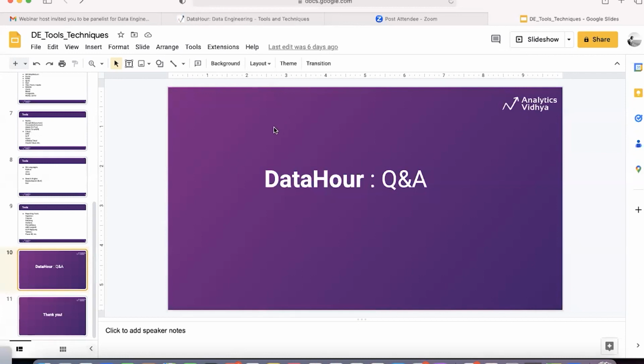Next, could you please tell us something about Apache NiFi and Airflow? I think we already talked about Airflow here. Apache NiFi is quite similar to this, where it is talking about the ingestion part of things. NiFi is a UI based tool, which is just making your life easier.